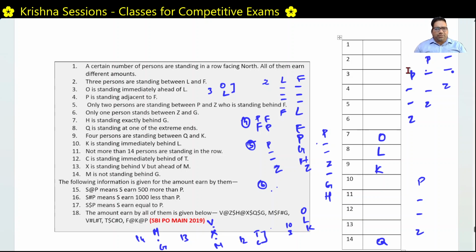Z should be on double spaces, and then there are only three options for P: 1, 2, 3, or this one. Because P can't go below this because Z will not have any space.